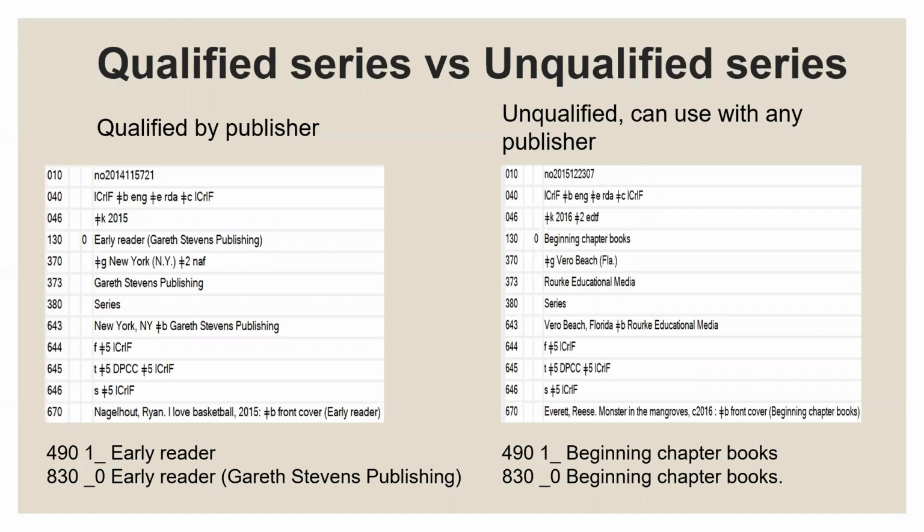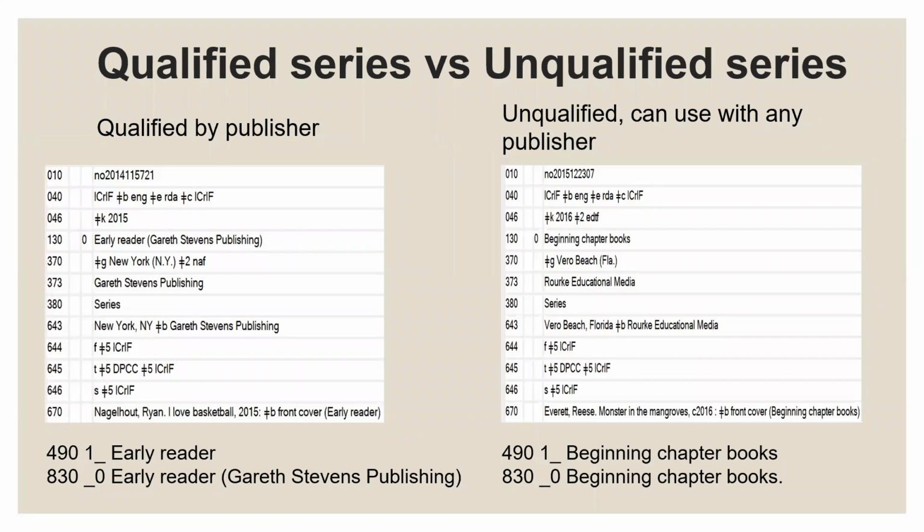Now looking at the record on the right-hand side, the unqualified series, it's sort of like the opposite of this. So I have a book with a series on it that says beginning chapter books, and the book that I have is published by Scholastic Books.